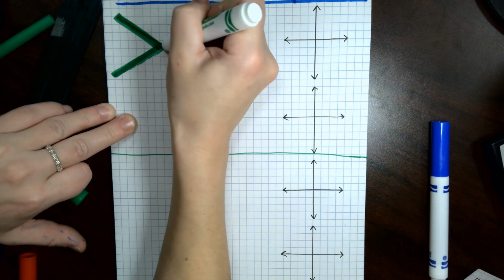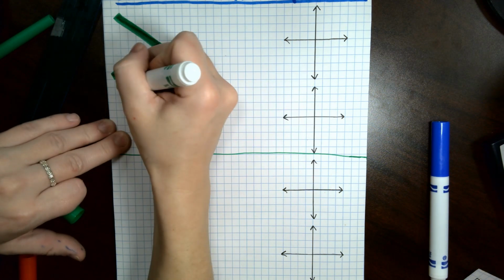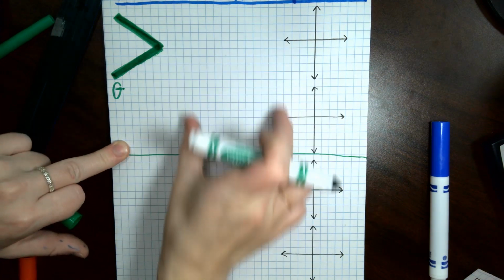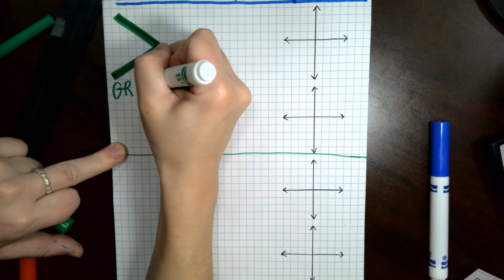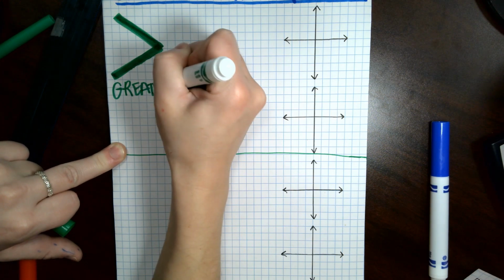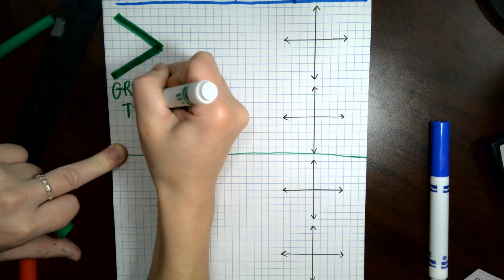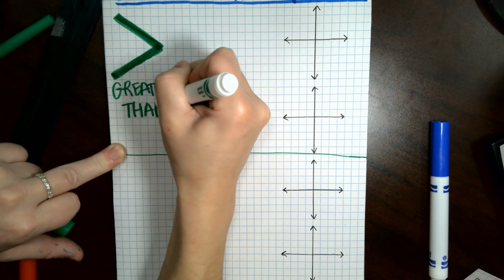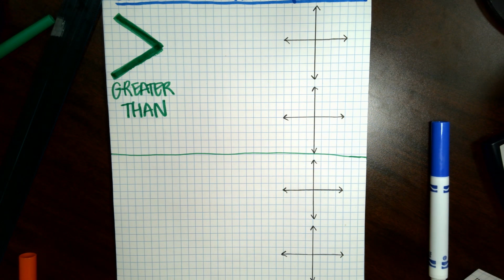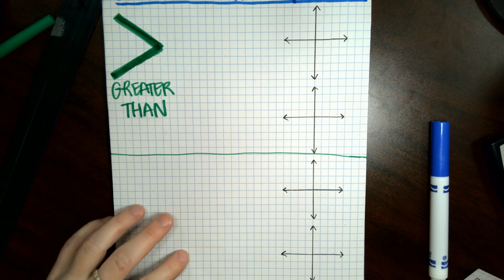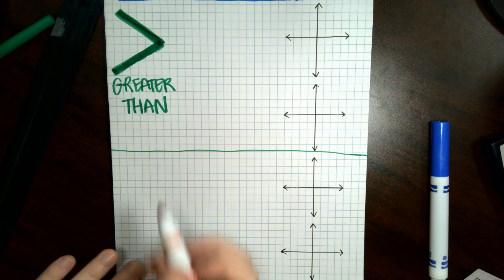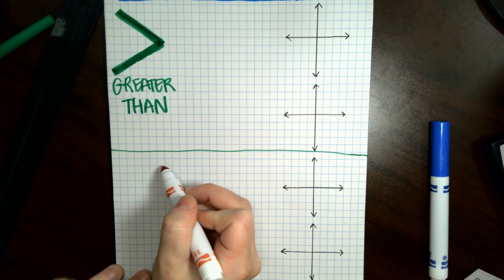So create a big greater than sign and leave space in between. Once you've got that big greater than sign, we're going to put a less than sign on the bottom half.